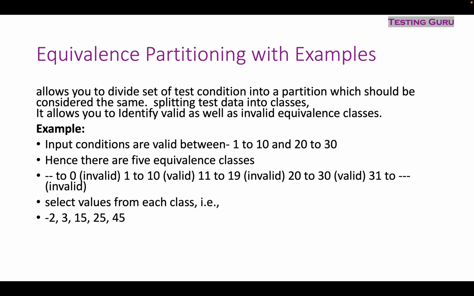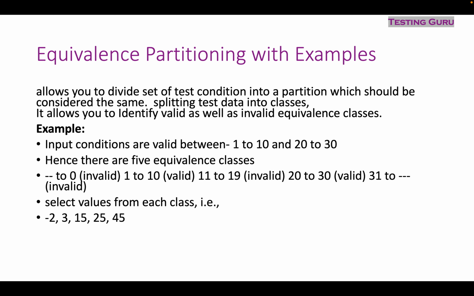For that we have to do equivalence partitioning, and when we do equivalence partitioning, we can identify 5 equivalence classes. So how do we identify those 5 equivalence classes? First, since it is starting from 1, we have to check 0, which is invalid.